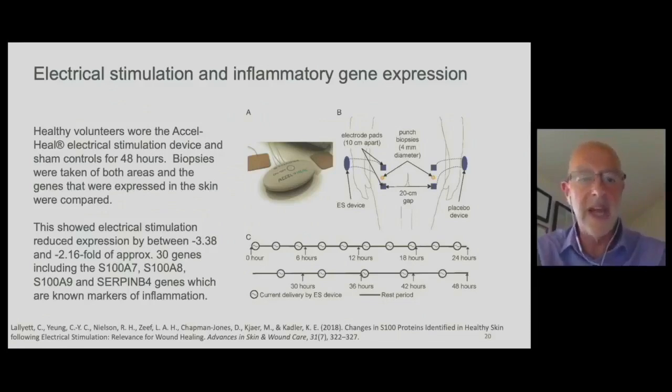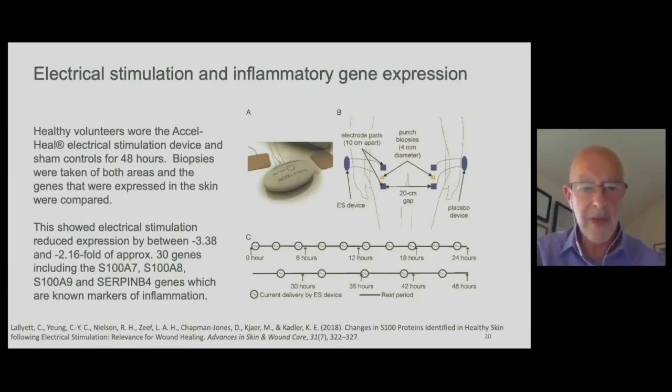And after 48 hours of electrical stimulation therapy, biopsies were then removed, and gene expression was compared in the areas of skin that had the placebo device compared with areas of skin that had the active Accel-Heal electrical therapy.